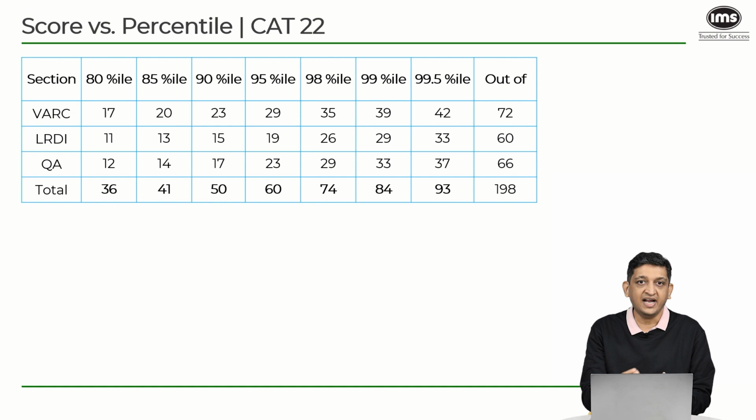Now how do we arrive at these numbers? By answering questions correctly. So let's say, for example, you intend to score at least a 90 percentile at VARC, then you need to get 23 marks, meaning that you need to get 8 answers right. Now there is no penalty as such in case there are 2 people at the same score but have answered a different number of questions incorrectly.